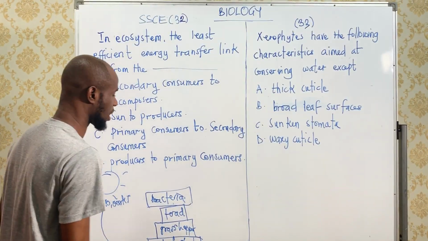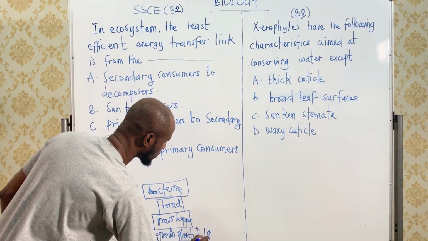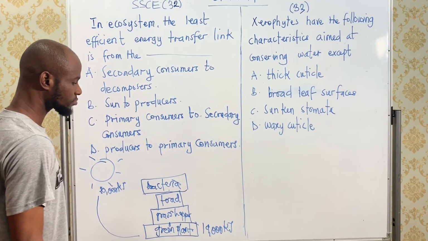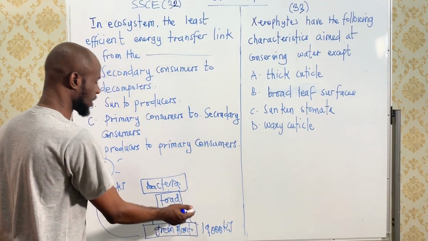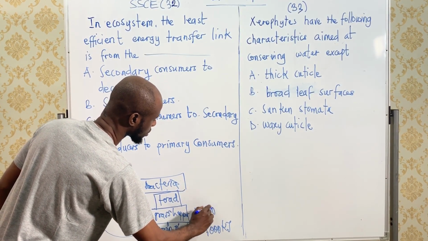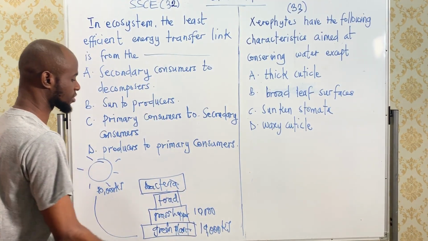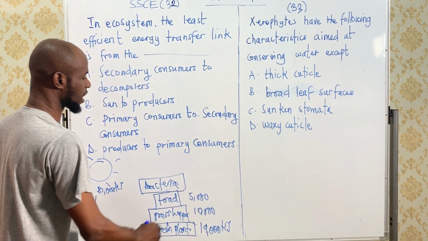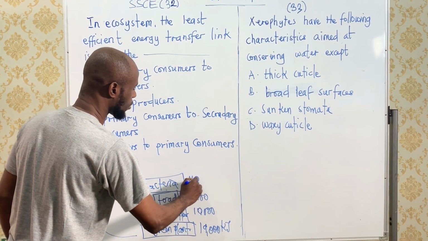The green plant is going to have, let's say, 19,000 kilojoules of energy. Then from the green plants to grasshopper, we have, let's say, 10,000. From grasshopper to toad, we have 5,000. And when it gets to bacteria, we have about 400.